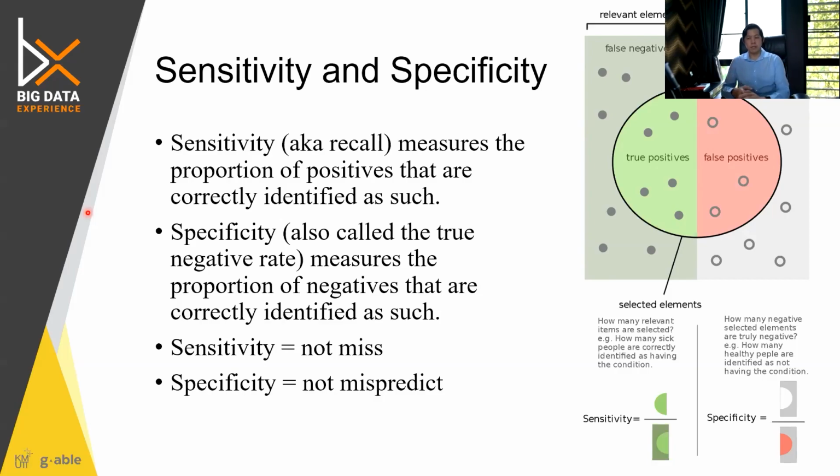Sensitivity and specificity focus on the positive and the negative part, while precision and recall focus on just the positive class, making positive classification. How does it fare in terms of the positive classifications?